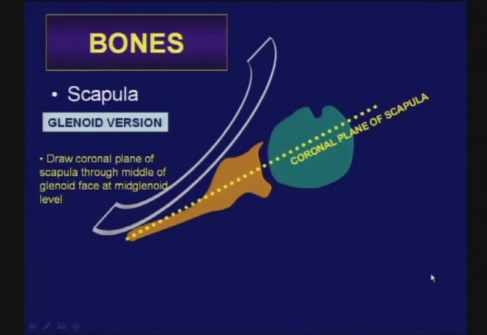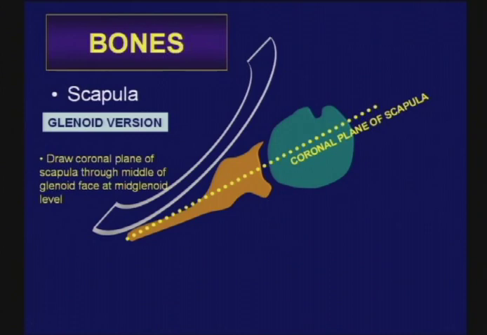To figure out a glenoid version angle, you draw a line through the middle of the glenoid face, and this is kind of the line that you want to draw. So you're picking a mid-glenoid face level, and you're trying to identify the medial aspect of the scapular body, and that is often excluded from the field of view.